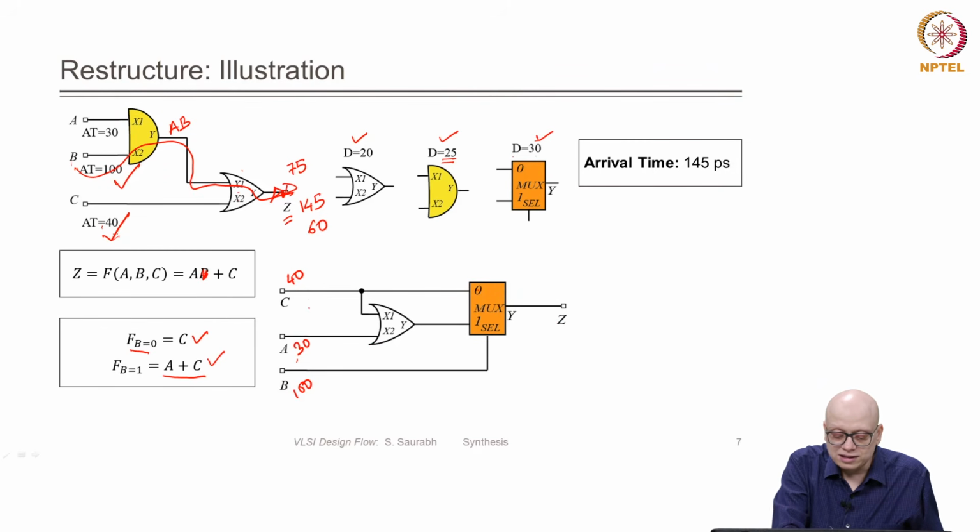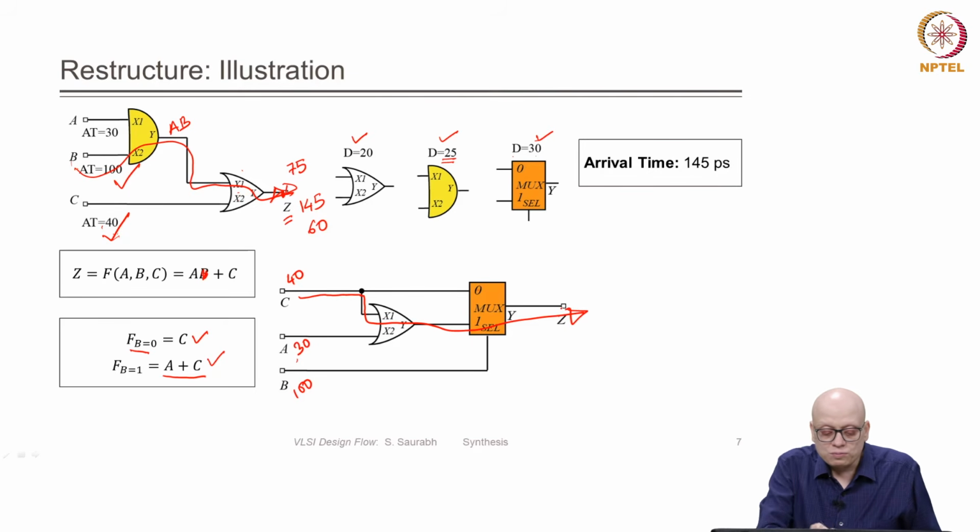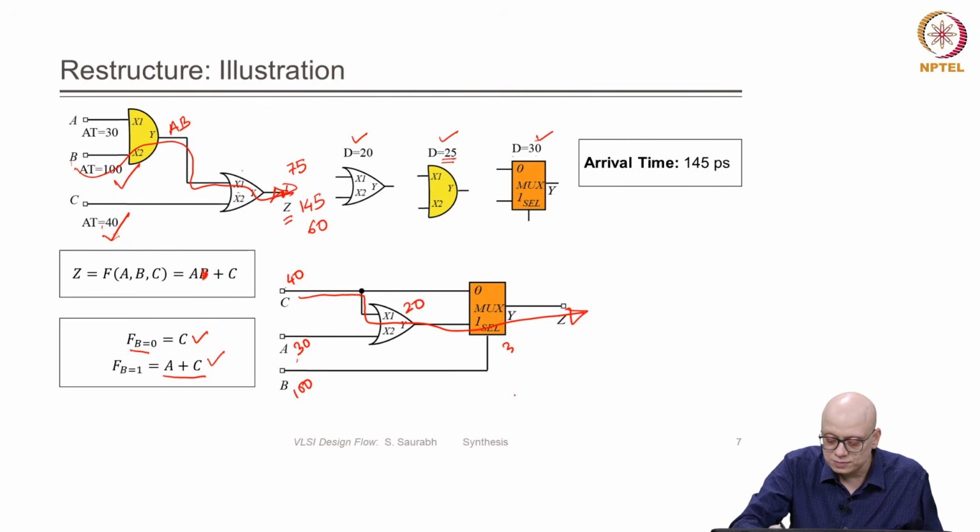For this other path we have to take this one, so 40 plus 30, 70, plus 20, that is 90.